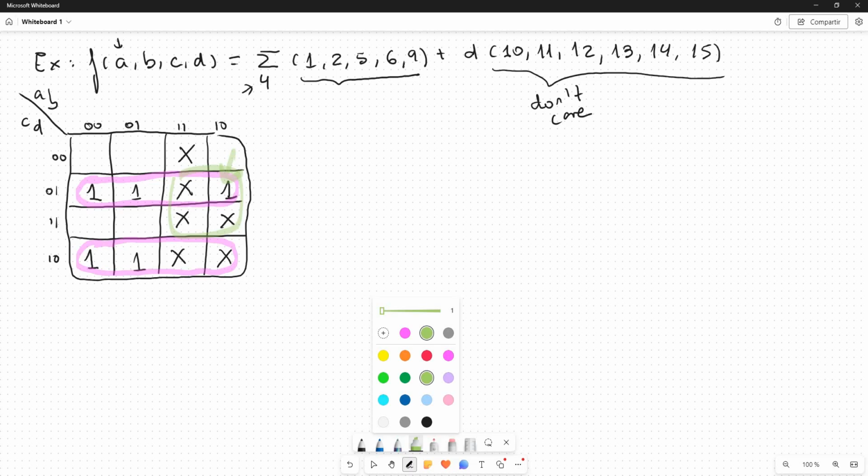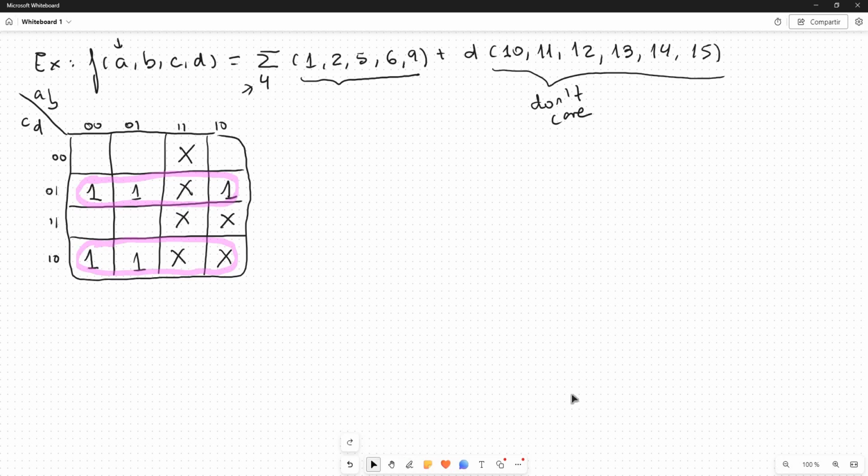So why are we going to include another group? Do you understand? We are going to use only the X that we are interested in. Okay? No, sorry, this is not right. If we are looking for the prime implicants, sorry for confusing you, we are going to use the X if we are interested in them.